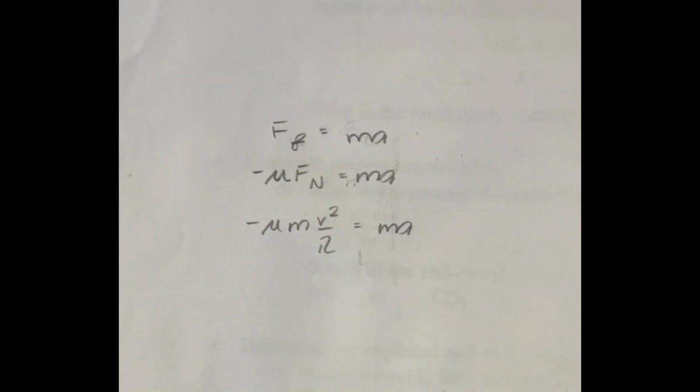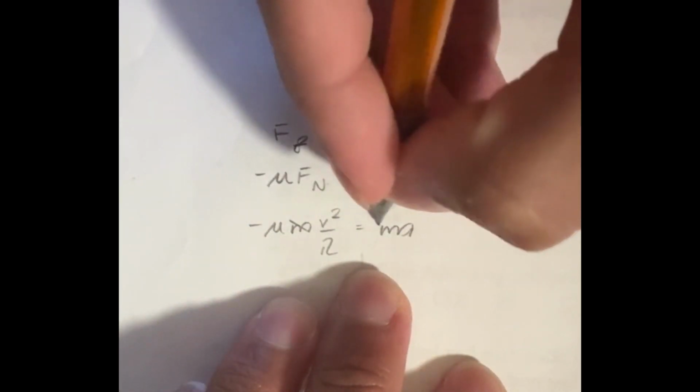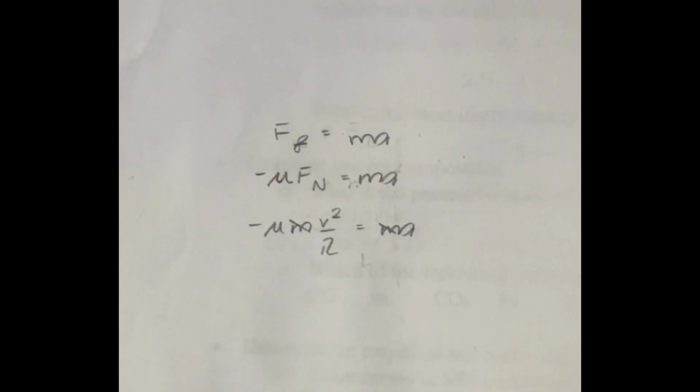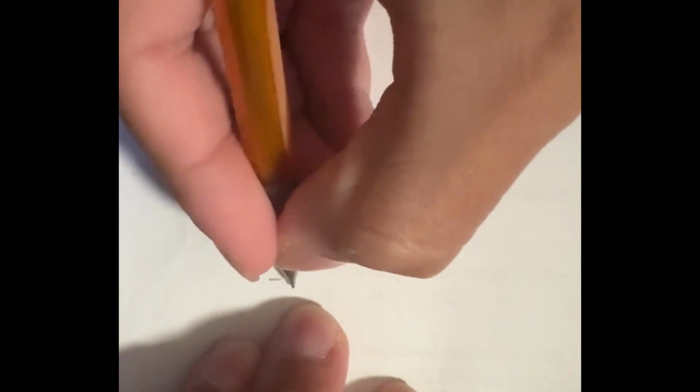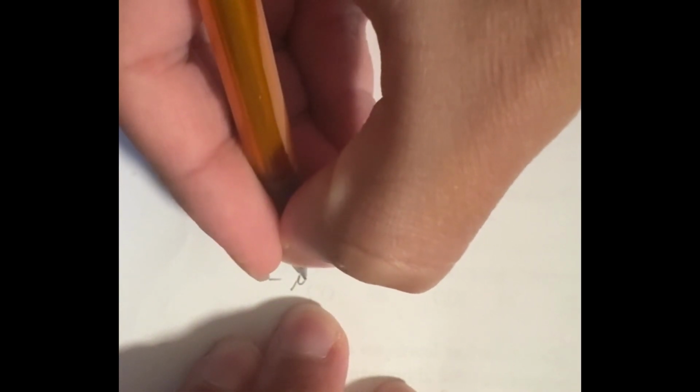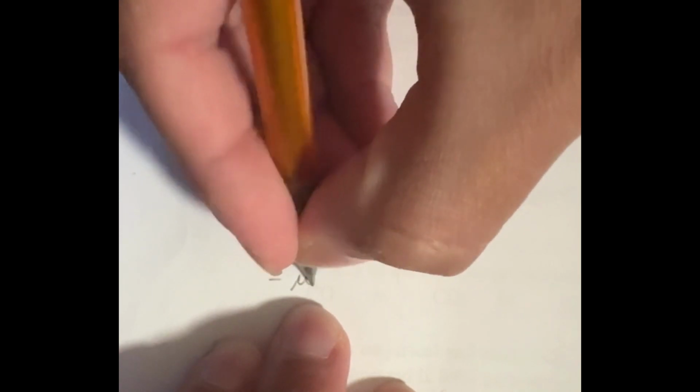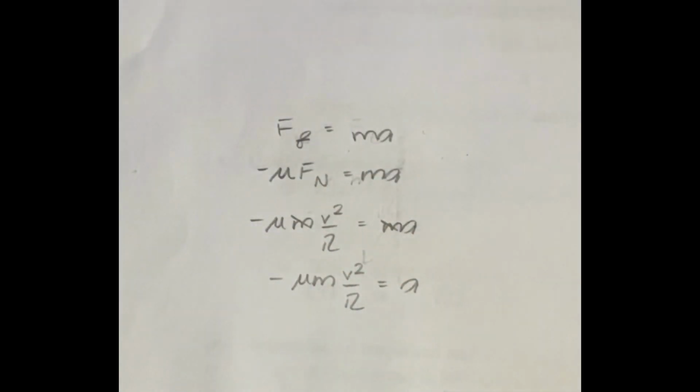To simplify this, we can cancel out the mass. After that, our final expression is going to look like this: negative mu times v squared over R equals our acceleration, which in this case is our tangential acceleration.